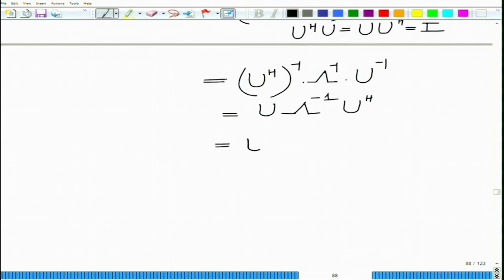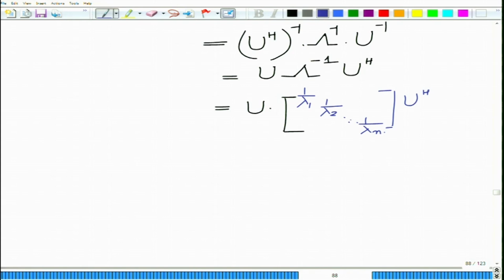And therefore, this again has the same structure, except you can see with eigenvalues 1 over lambda 1, 1 over lambda 2, 1 over lambda n, times U Hermitian.